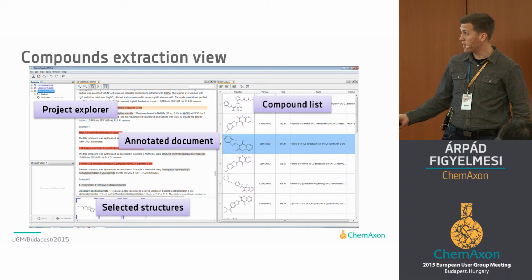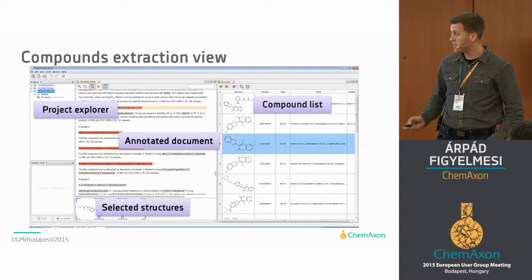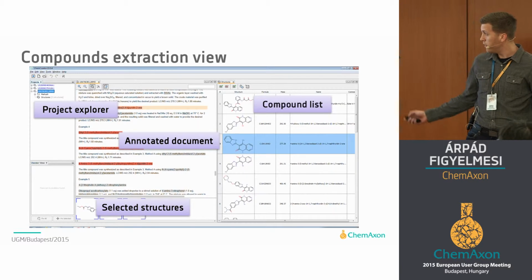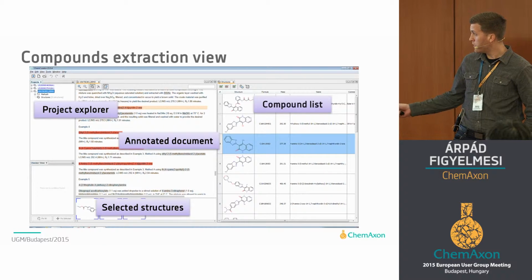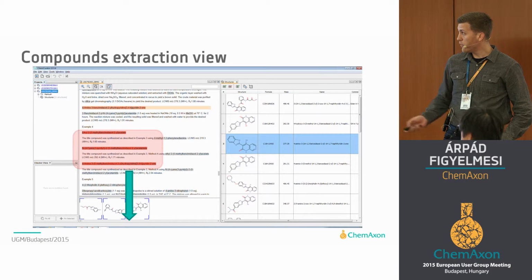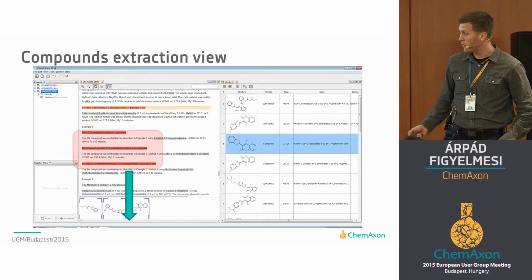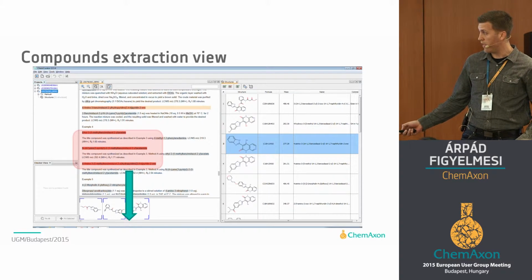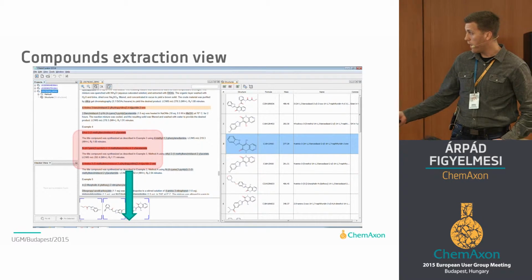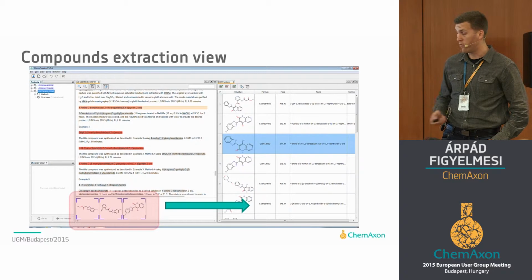In the middle of the screen, you can see the annotated document. This is a Google patent currently. Under that, you can see a selected structure view, and on the right-hand side, you can see a compound list extracted from the document. If you select any of the highlighted structures inside the document, it's shown under the document in the selected structure view, and you are able to simply drag and drop these structures to the extracted structure view.